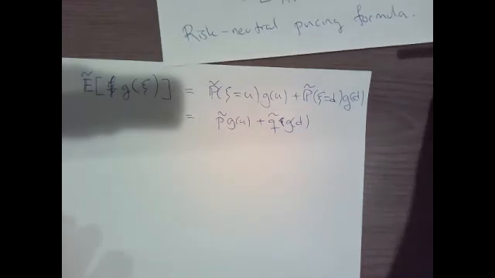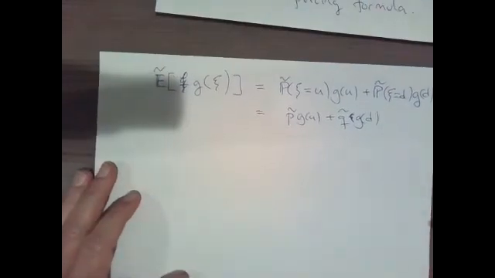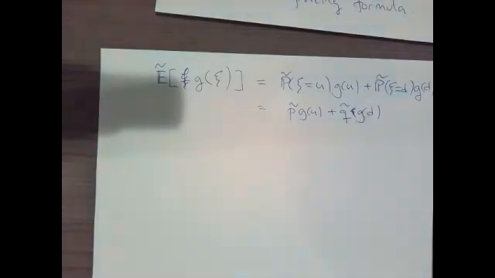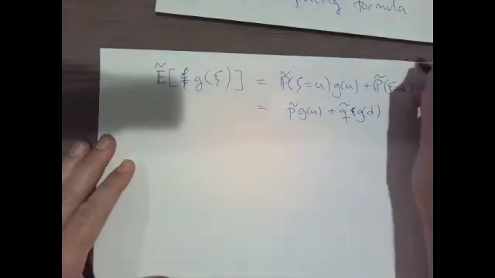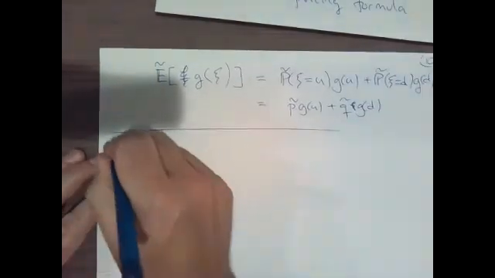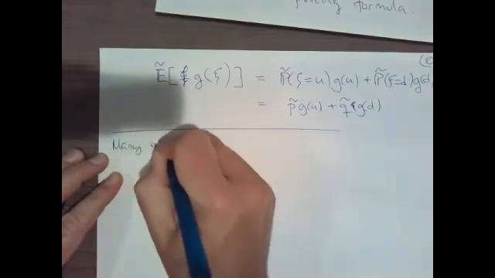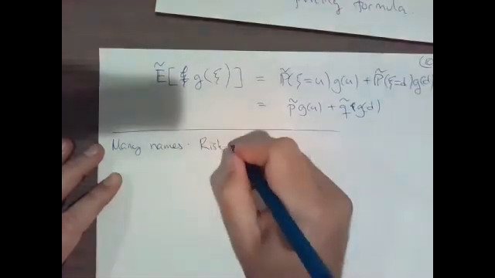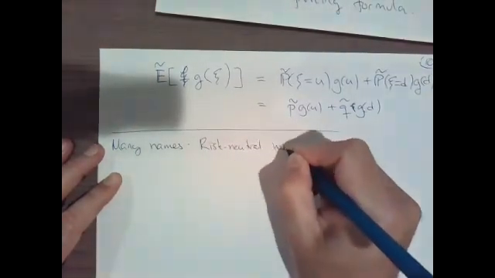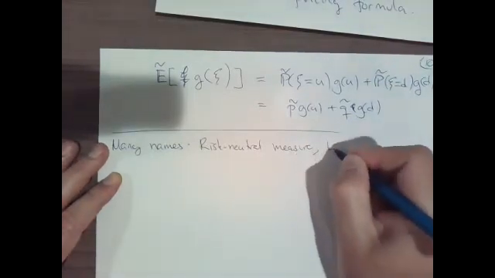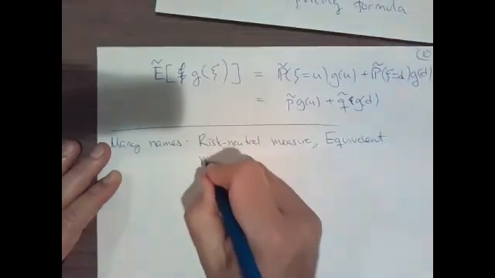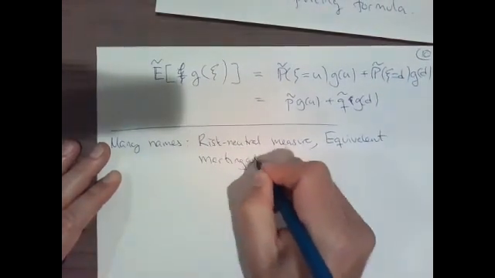Any more questions, comments on this? This thing here has many names, and we already called it something. We called it the risk-neutral pricing measure. It is also called an equivalent martingale measure.